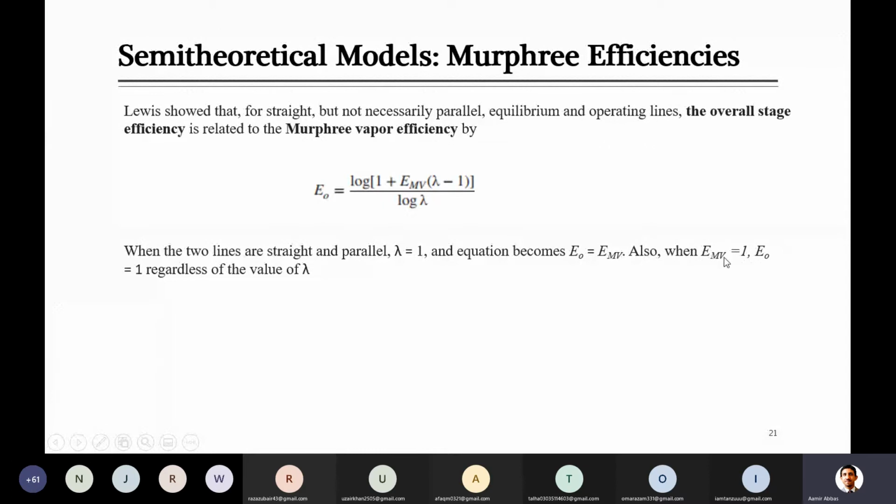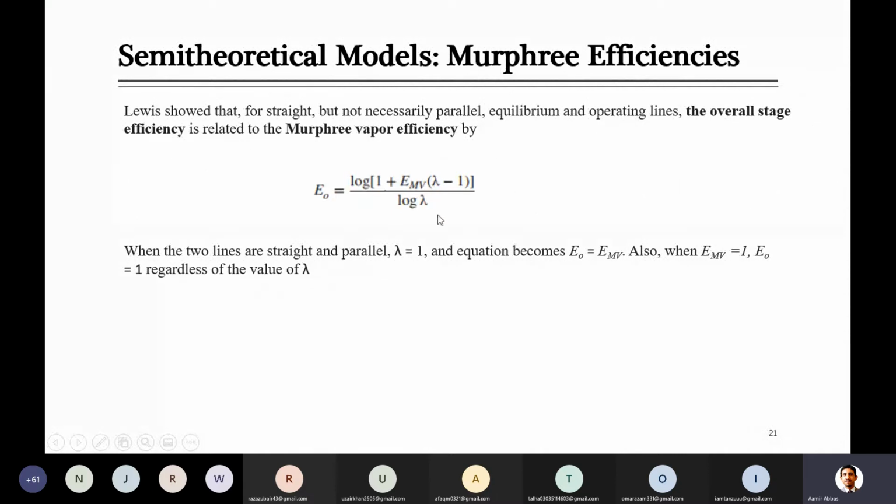Also he said that when EMV is equal to 1, E naught will definitely be equal to 1, regardless of the value of gamma. So if gamma reaches 1, the overall efficiency throughout the column and the efficiency of any one of the trays will become equal.